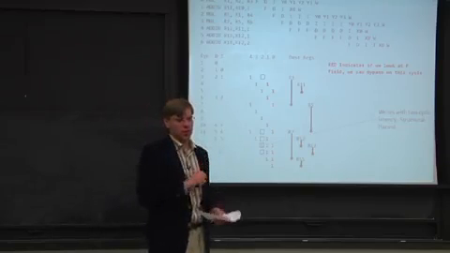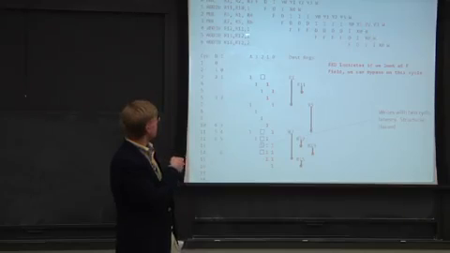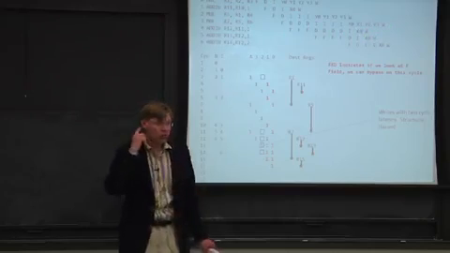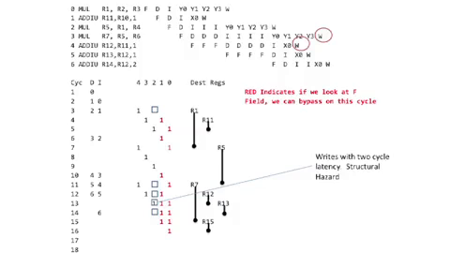But there's a few other things I wanted to point out in this picture. First, because you have different pipe lengths, you can actually see that, let's say, this add here is writing the architectural register file before a previous instruction writes the register file in program order.